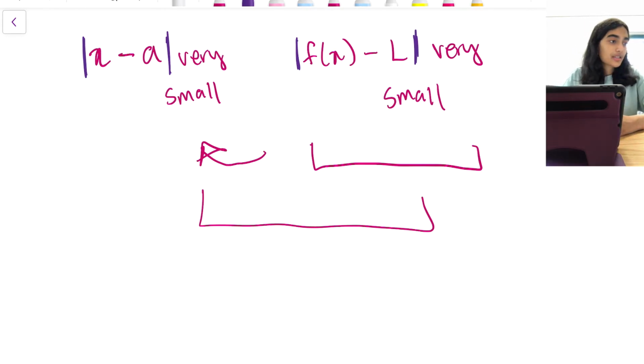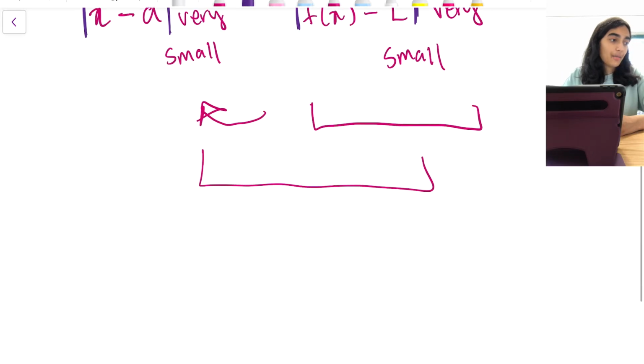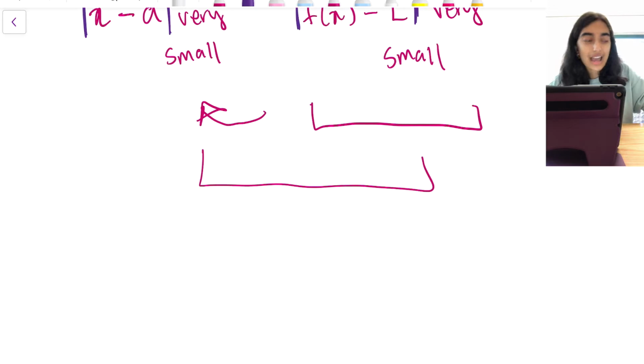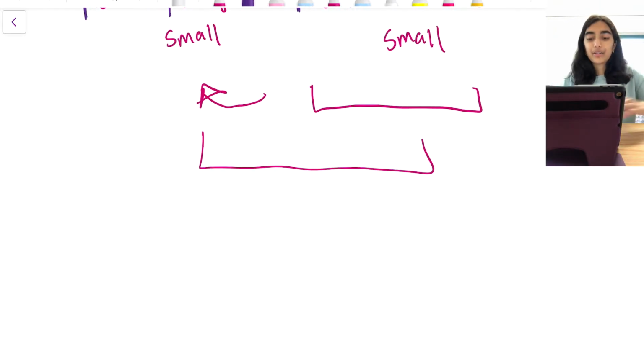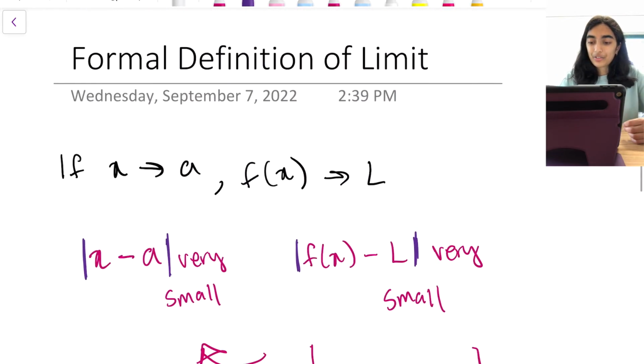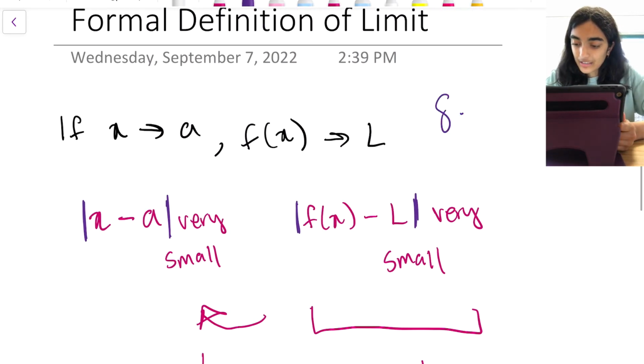So let's say that the absolute value of x minus a is delta, and the absolute value of f of x minus L is epsilon. So that's where the delta epsilon definition comes from.